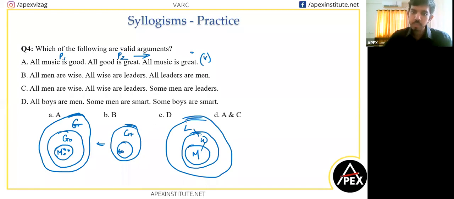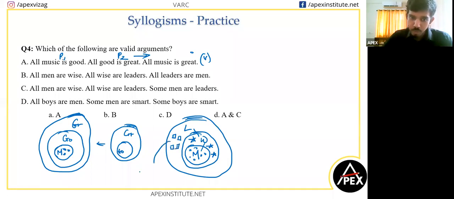So each becomes a subset of the next. Can we say all leaders are men? Not necessary. If all men are wise, these are men, they are all wise. But there can be wise who are not men. They are here. And we are saying all wise are leaders. But there can be leaders who are not wise and not men. They are here.